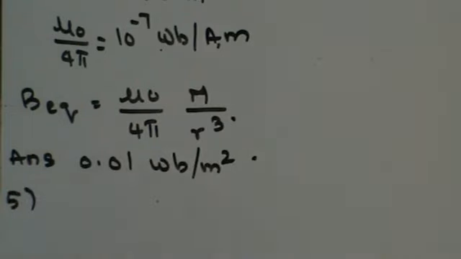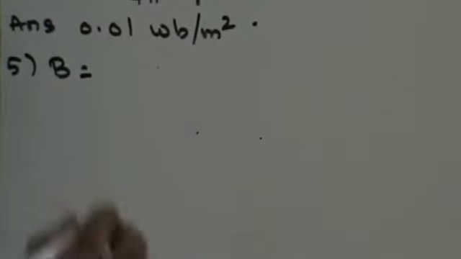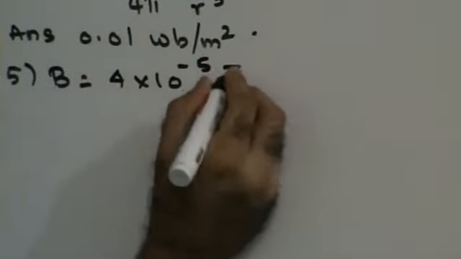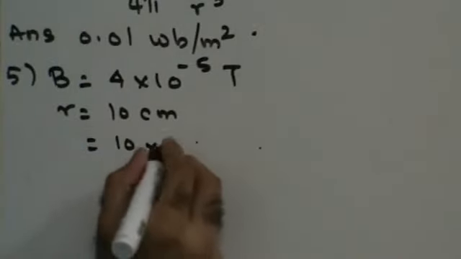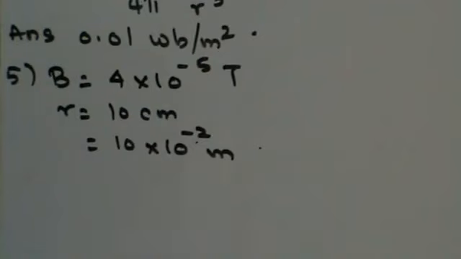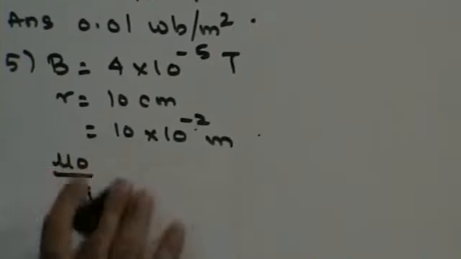Next, take down next one please. A short magnet produces magnetic induction of 4 into 10 raised to minus 5 Tesla at an equatorial point at a distance of 10 centimeters from the center.